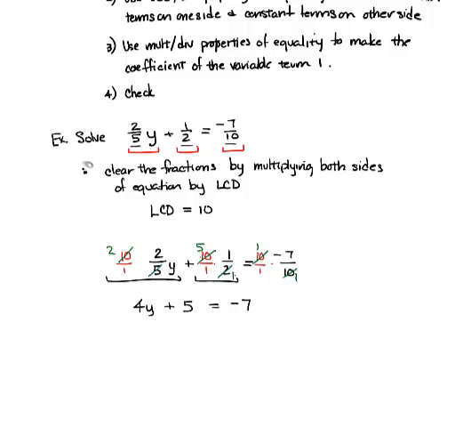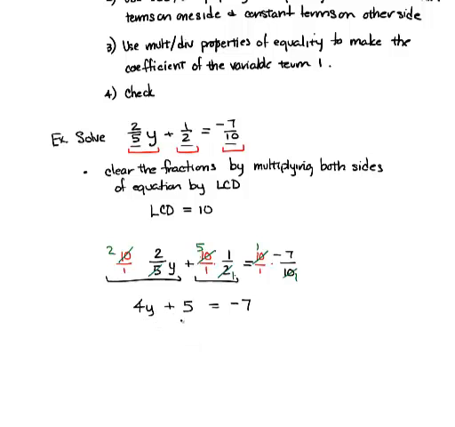Okay, so that was the first thing we did. Now we've cleared the fractions, and we're going to start using our addition and subtraction properties of equality to move our constants and our variables around. First I look at each side of the equal sign, and there are no like terms, so I can't do anything there.